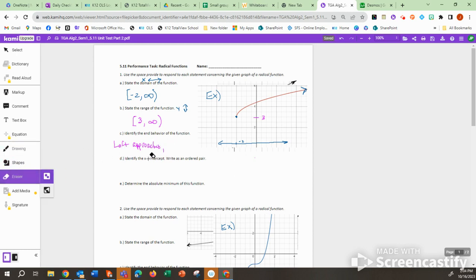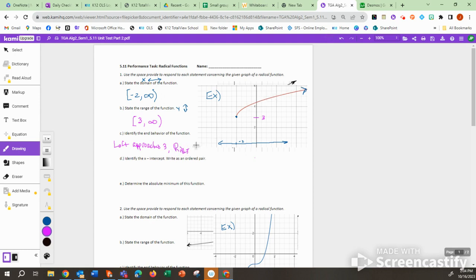And the right side of your graph, since it's continuing to rise, approaches, I'll just abbreviate it, positive infinity. So when we're talking about end behavior, we're talking about the y value. Where is it going? Is it going up? Is it going down? Since this is not an arrow, the left-hand side's approaching the y value of 3. The right-hand side is going up, up, up, up, up. It's approaching infinity.